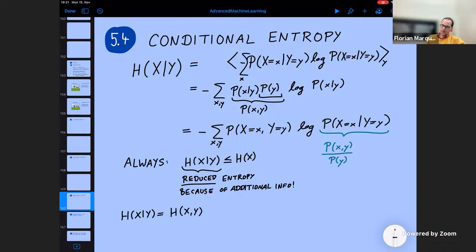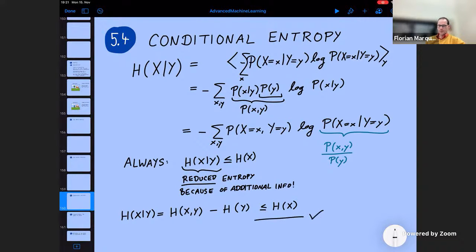But then there's, of course, the other term, p of y. And if you carefully work it out, you find that this other term is just minus h of y. Okay. And so now, why does this immediately give rise to the inequality? So I claim this is less than or equal to h of x. Well, you remember an inequality that we proved earlier today, which was just that the joint entropy h of x comma y is less than or equal to the sum of the entropies, and that's why this works.